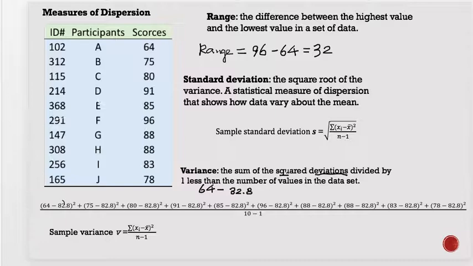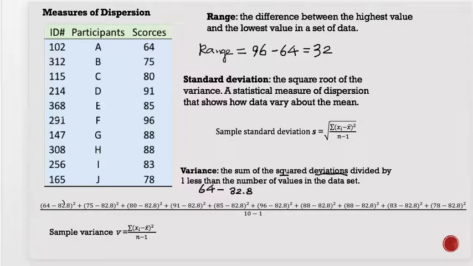We get 0. So we need to square every deviation to get positive numbers, then add them up and divide by 10 minus 1. 10, we know, is the number of data points in this data set.